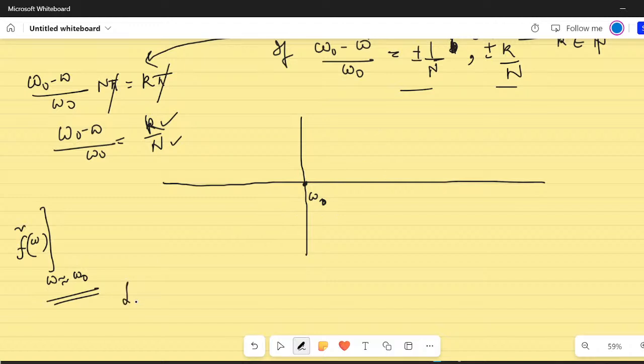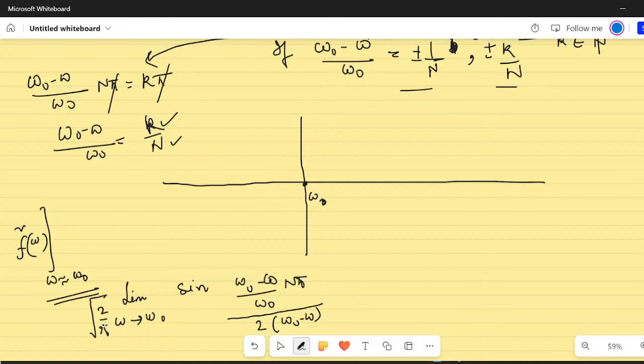So limit omega tends to omega naught, sine of (omega naught minus omega) divided by omega naught into n pi divided by 2, over (omega naught minus omega), and then there is also a root over 2 pi given, so I'll write root over 2 pi.